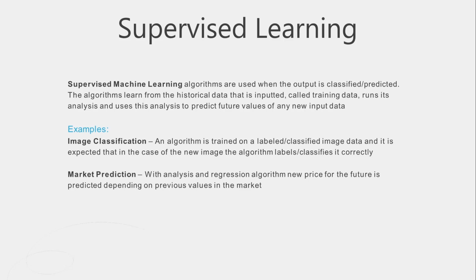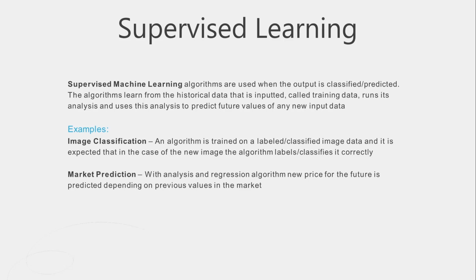So, in the first case, if we want to create a model for classification of images, we will train the model on images that we already have in our possession. Let's say we have a set of images of cats and dogs, and the problem will be to distinguish what is a cat and what is a dog.